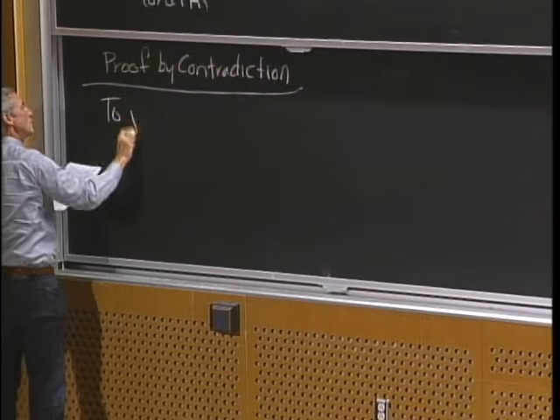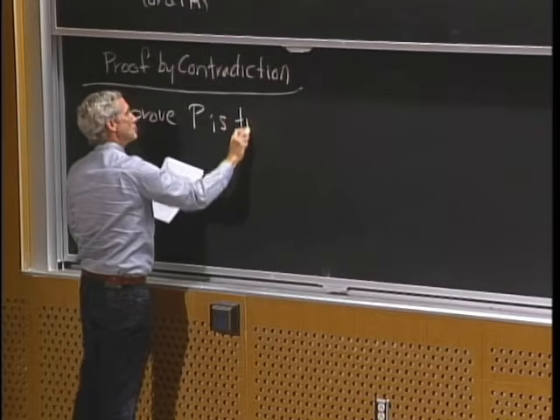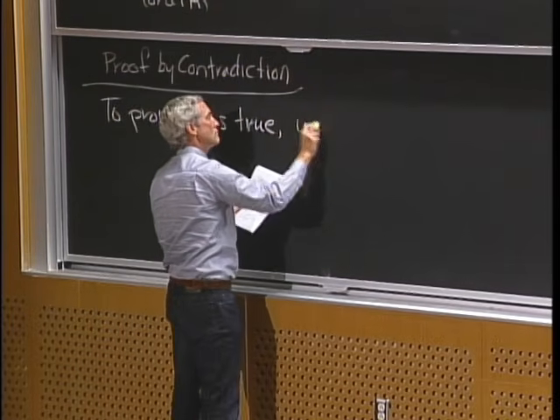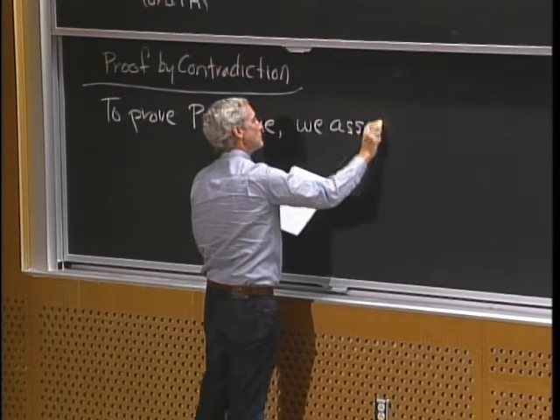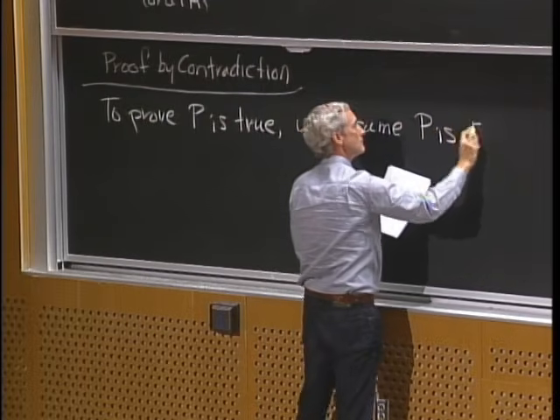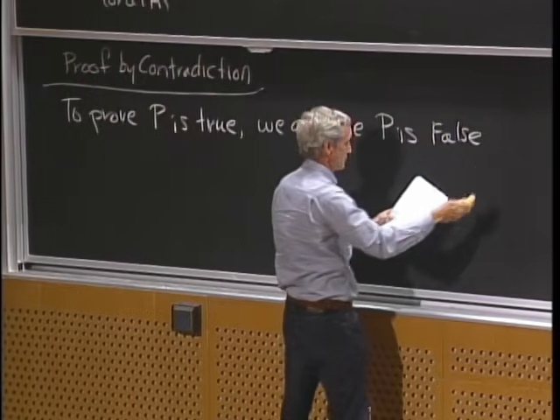So let's write that down, because it can be a little confusing the first time. To prove a proposition P is true, you will assume that it's false. In other words, that not P is true.